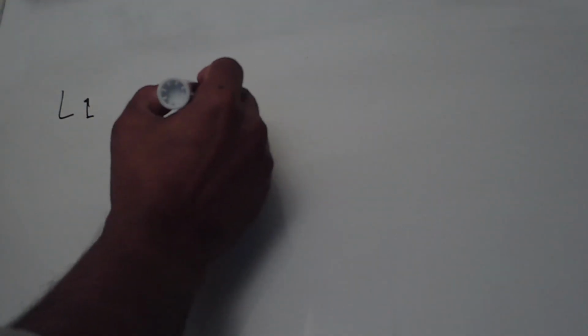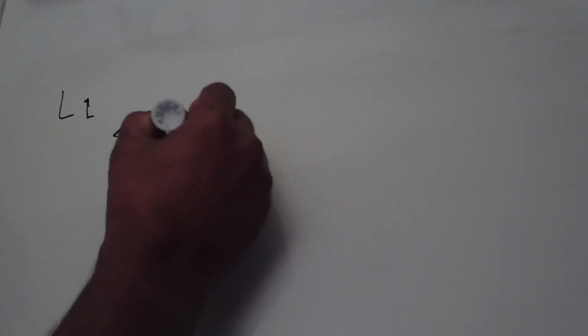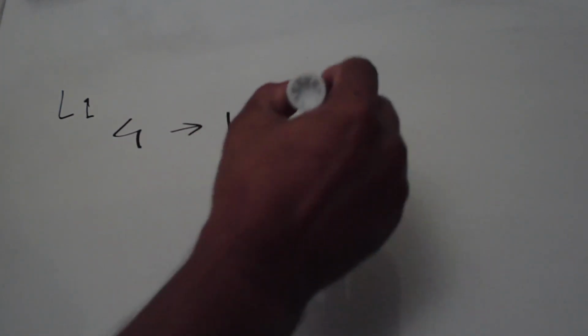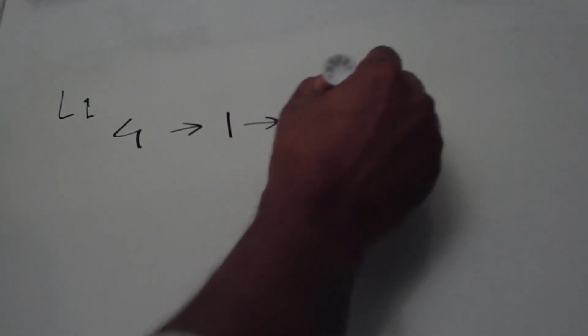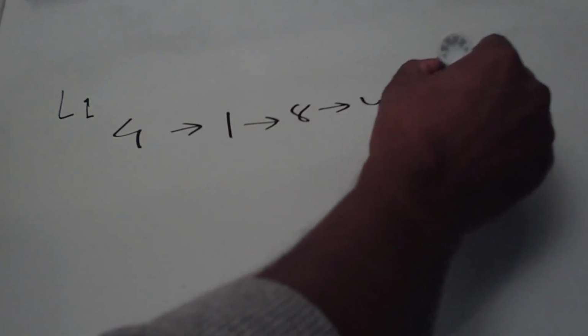So let's take an example where we have L1, and the nodes will be 4, pointing to 1, pointing to 8, pointing to 4, and pointing to 5, and this will be null.